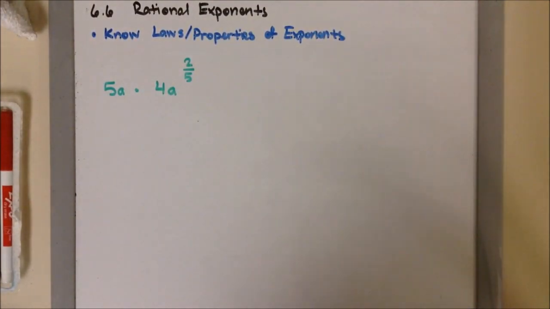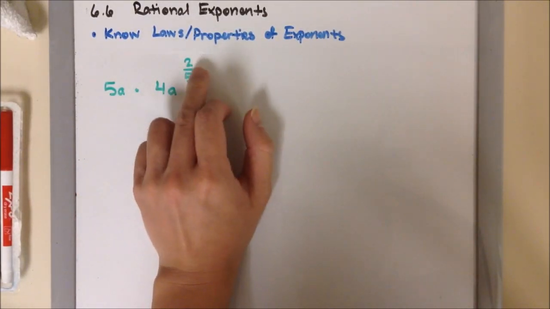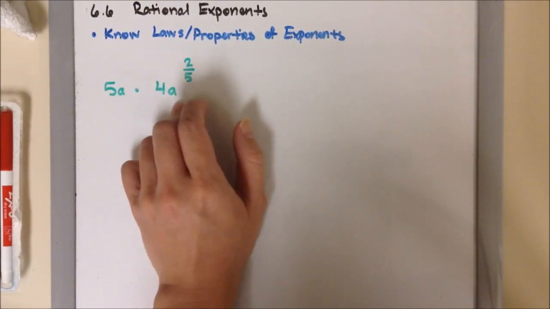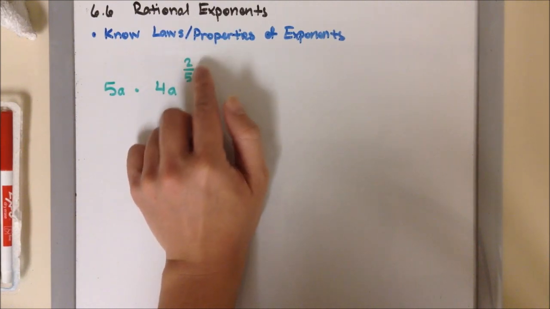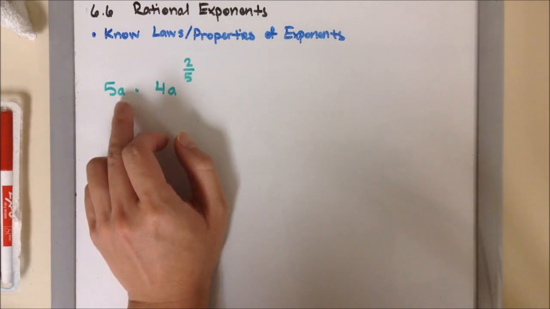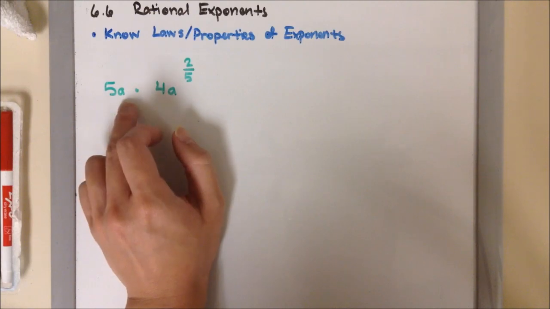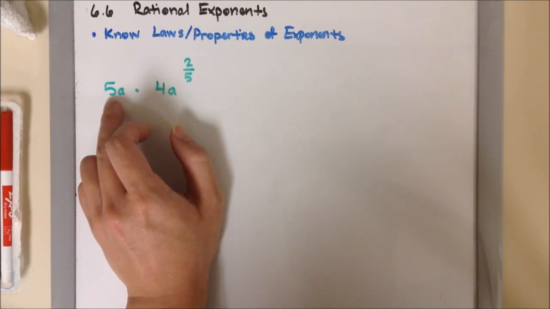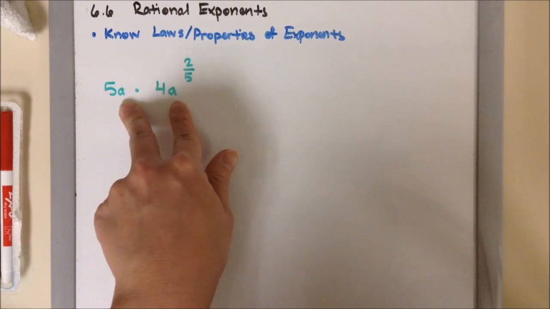Alright, in this next example, I have 5a times 4a to the power of 2 over 5. Now the a has an exponent, a rational exponent to be specific, 2 over 5. So I'm going to combine with this a when I'm multiplying. So make sure to remember that even though it's 5a, the 5 has an exponent and the a does have an exponent, but the more focus is on the a's.